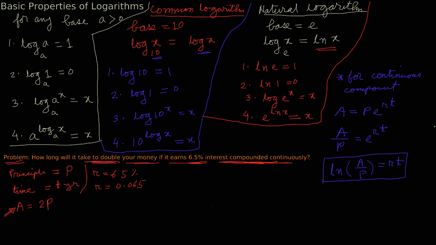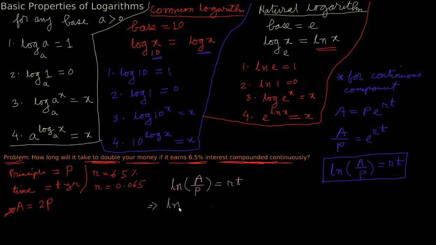Now let's apply this formula here. The natural logarithm of A over P equals RT. Let's put in the values.